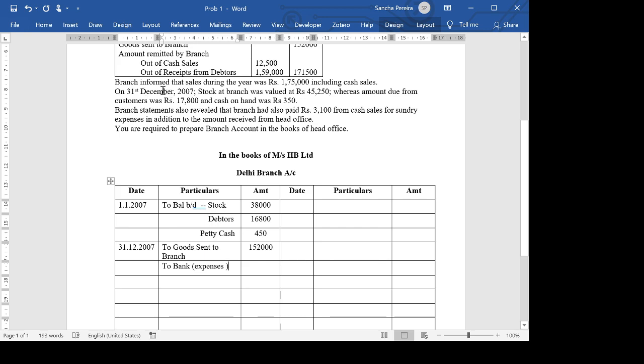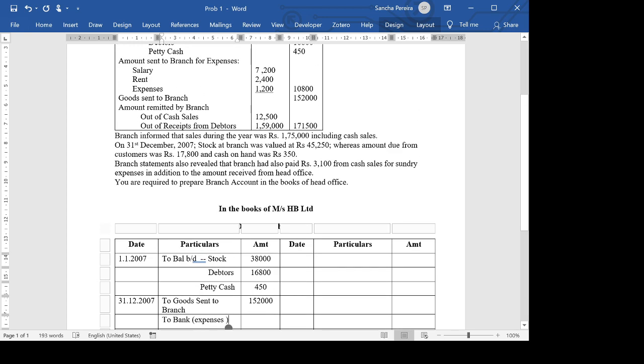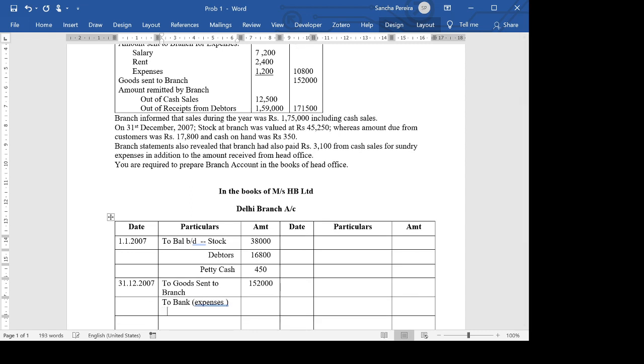and these expenses are salary, which is 7,200.